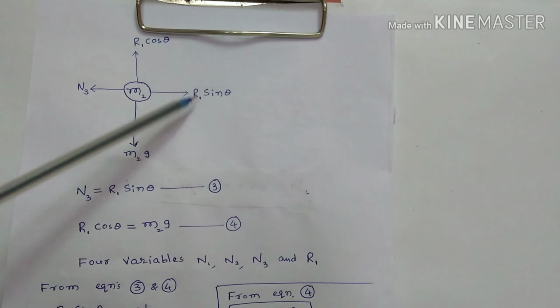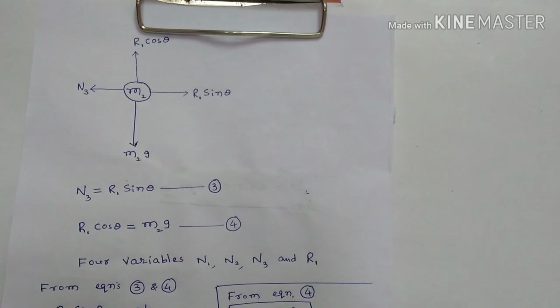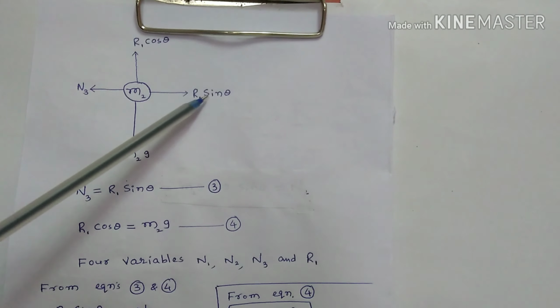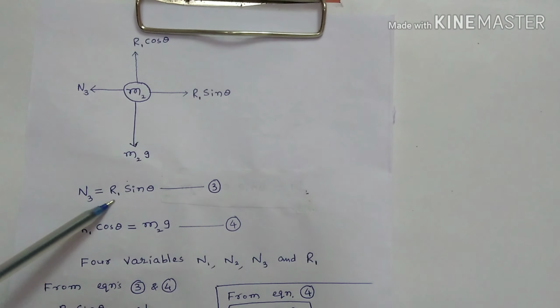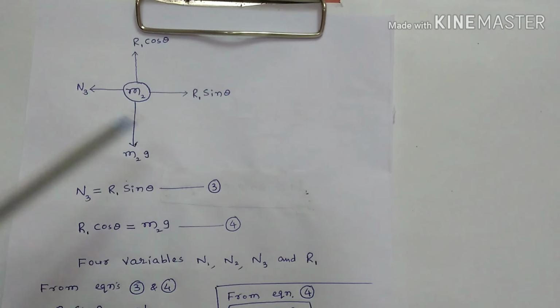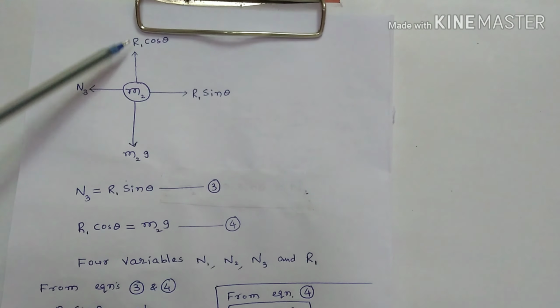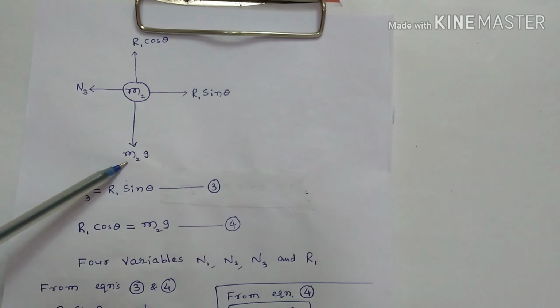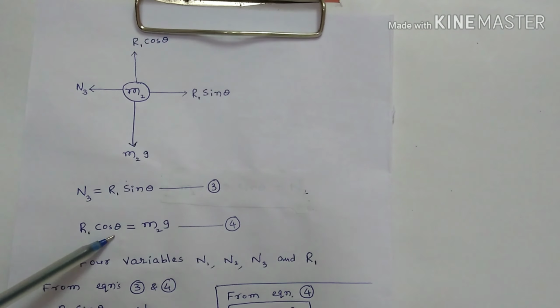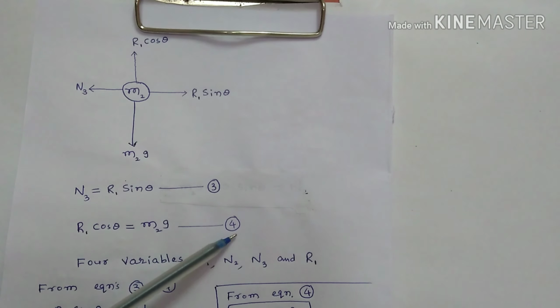Okay, these two are components of R1. Now we will write the equations. Left side force N3 equal to right side force R1 sin theta. N3 equal to R1 sin theta. This is equation 3. Okay. Now upward force R1 cos theta equal to downward force M2G. R1 cos theta is equal to M2G. This is equation 4.